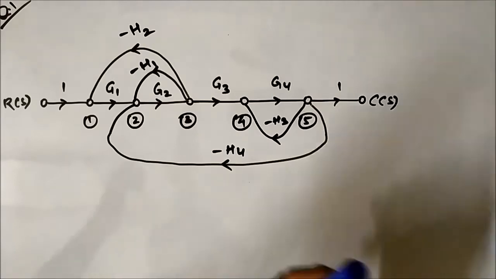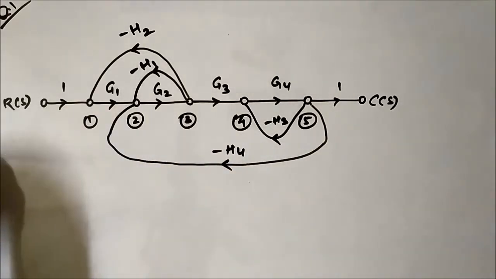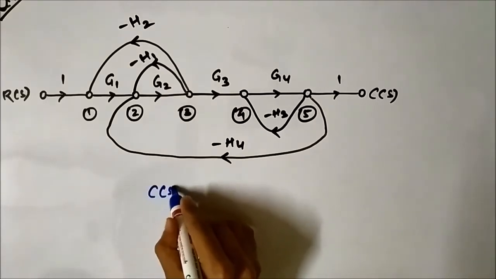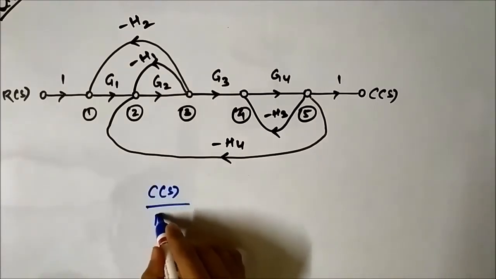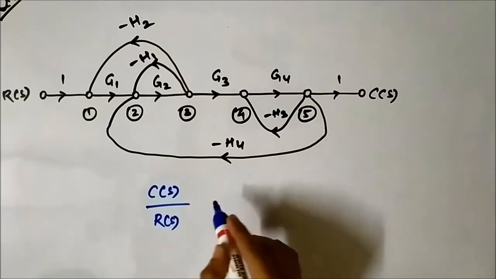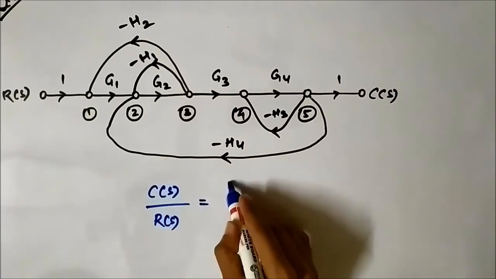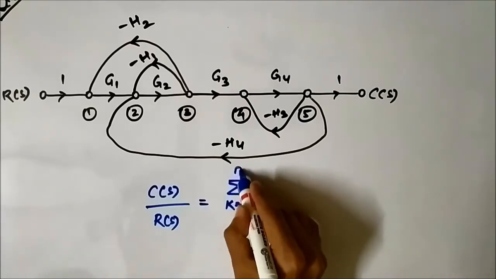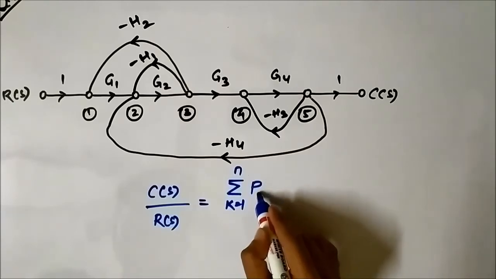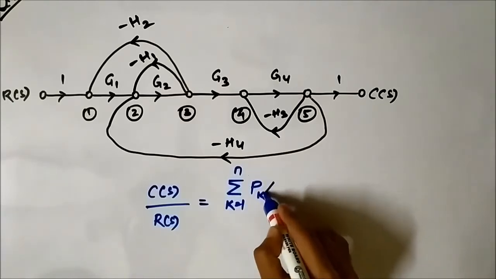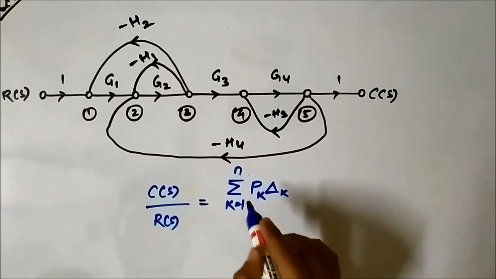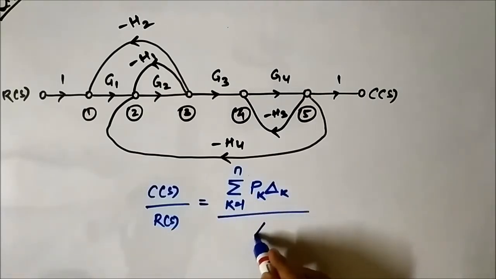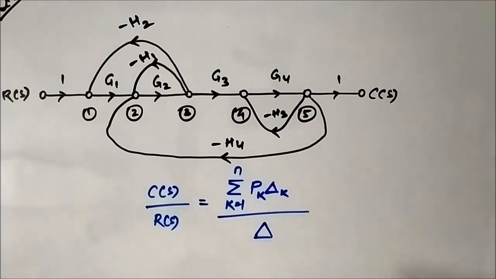According to Mason's gain formula, the transfer function of a system using signal flow graph is given by the expression: summation of k equals 1 to n, P_k Δ_k, where P_k is the path factor of the kth forward path, divided by Δ, the graph determinant.